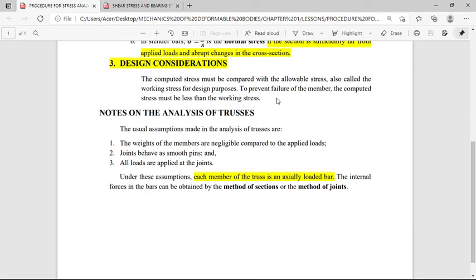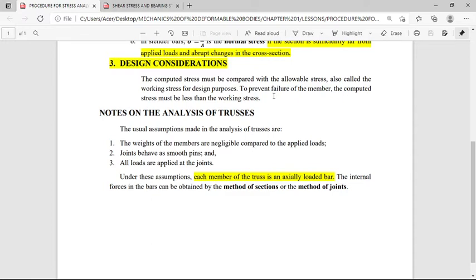So, para maiwasan nga natin yung failure or yung pag-collapse ng isang member or ng whole structure itself or any material, yung computed stress daw must be less than the working stress or the allowable stress. Kasi nga naman, kapag sumobra dyan yan, or pumantay, or nag-equal yan, yung computed and yung allowable stress, may possibility na mag-deform siya permanently, or much worse is failure or total collapse, breaking point.